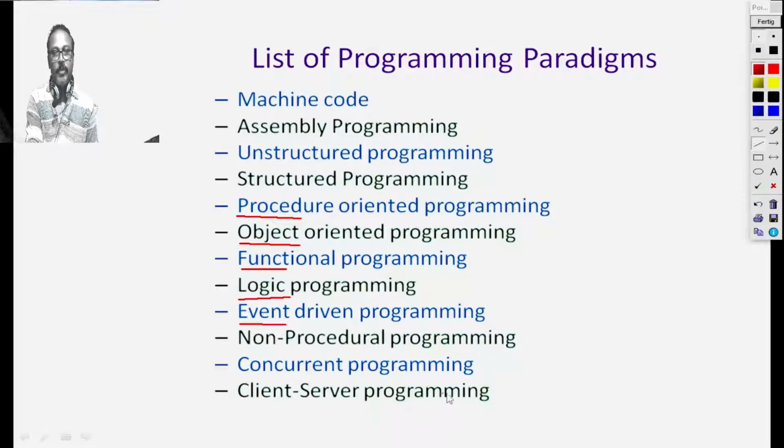The other programming paradigms, usually we don't give much importance to, but it started with machine code, and at present we are in concurrent programming and client-server programming. But these are the major things that are considered when we discuss programming paradigms.